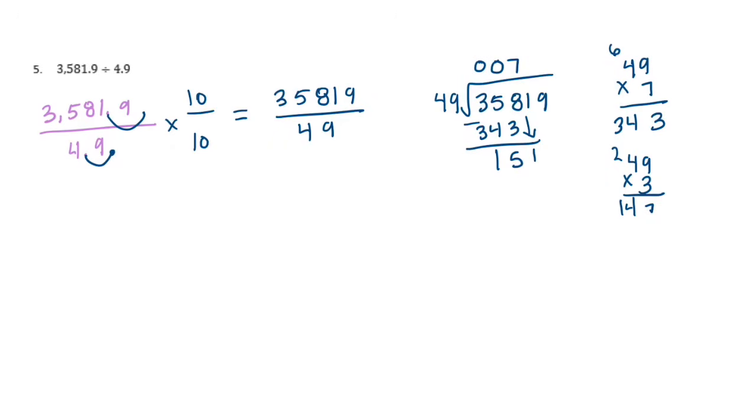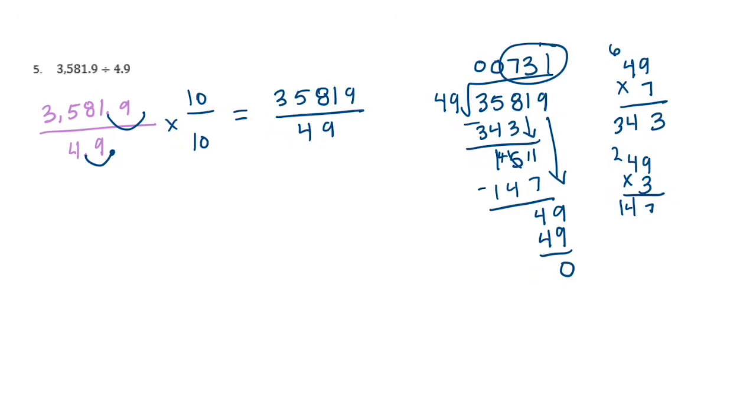So it can go in 3 times. 11 minus 7 is 4. 4 minus 4 is 0. 1 minus 1 is 0. So bring down the 9. How many times can 49 go into 49? Once. So our quotient is 731.